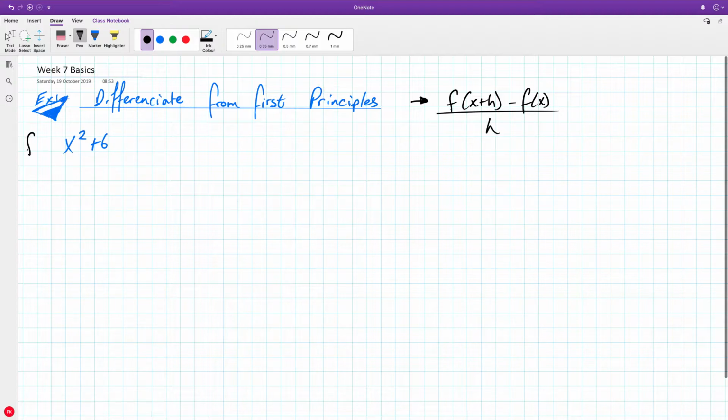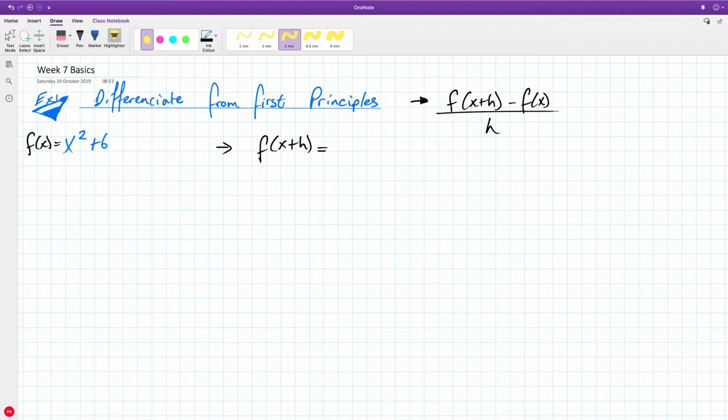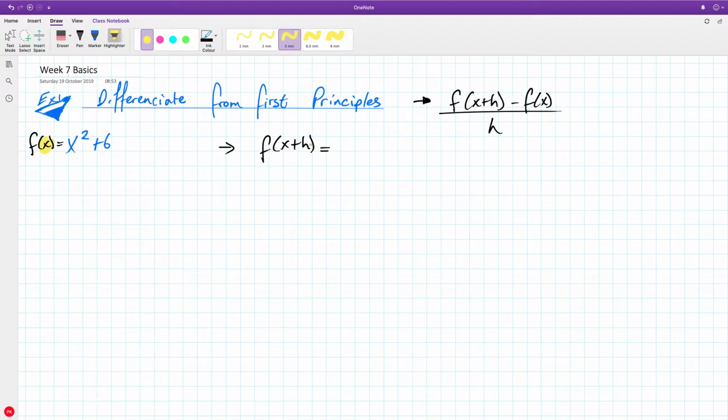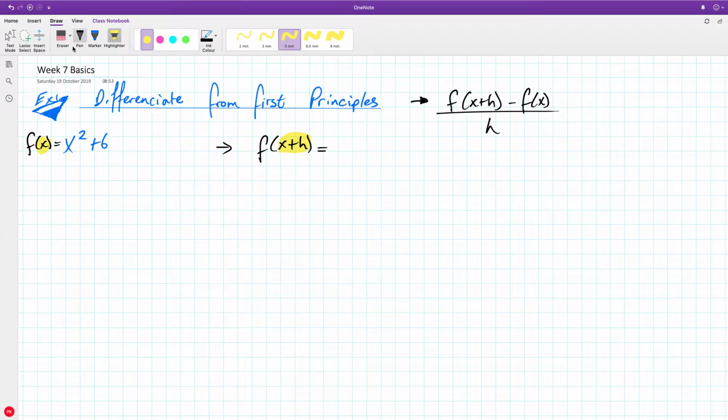So, if your function of x is equal to x squared plus 6, how will I get the function of x plus h? It's a bit like the functions we did last week. That's why we go from functions into this. There's the function of x. This time it's x plus h in the bracket.